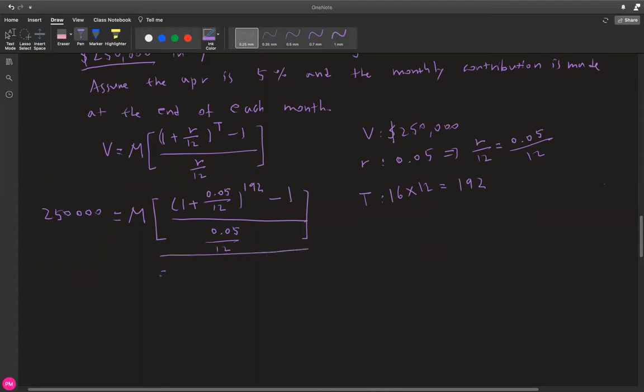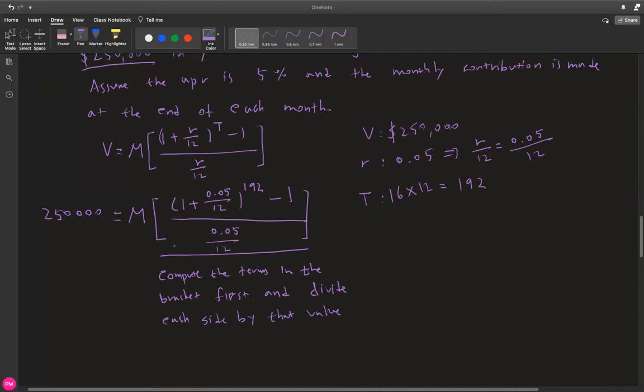So compute the terms in the bracket first, and divide each side by that value.